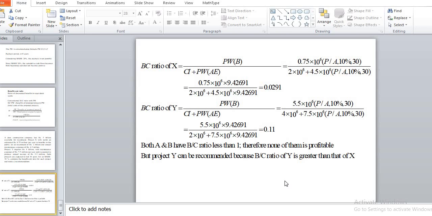So if you look at the benefit to cost ratio of X, we have the formula benefit divided by cost.